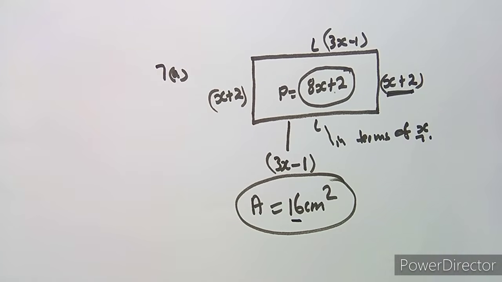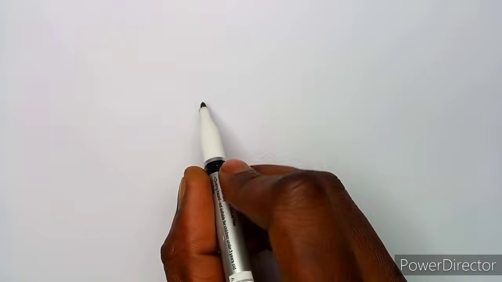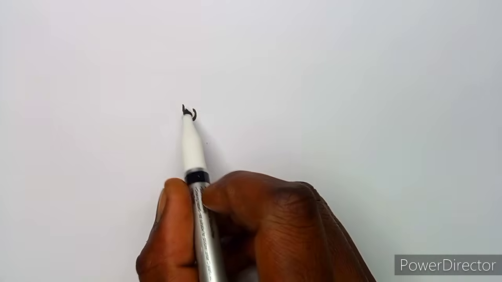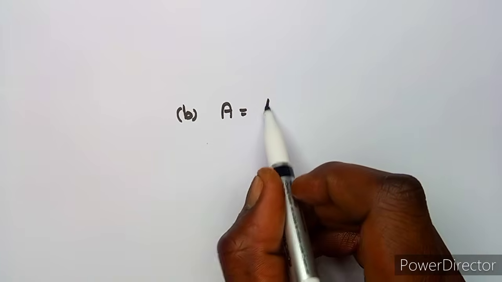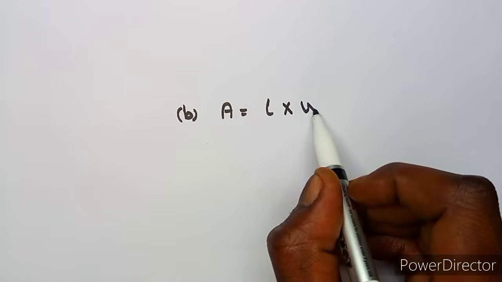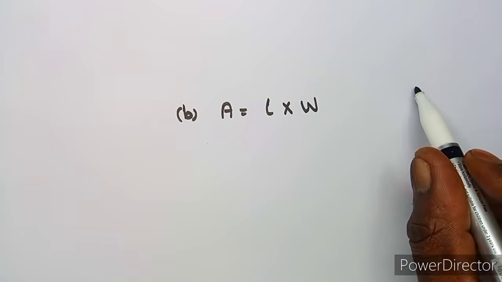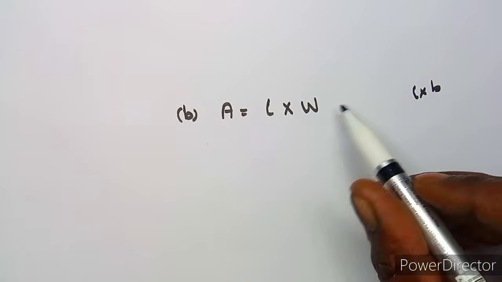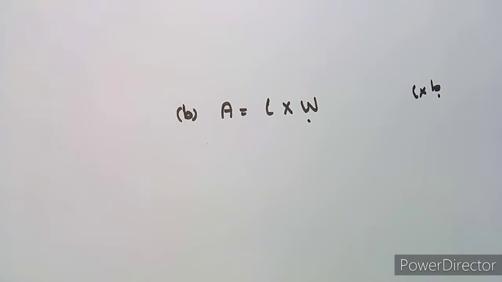So how can we form an expression in terms of area? We definitely know that the area of a rectangle is equivalent to length times width. Some use length times breadth. In terms of width, it's breadth, so it's just one and the same thing.